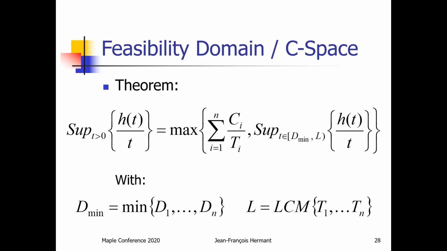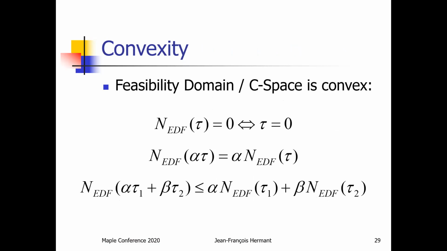We can prove the following theorem, which is central to our demonstration, and which allows us to characterize the feasibility domain, or C-space, for EDF. We can easily show that the feasibility domain, or C-space, for EDF is convex. We have these three relationships.